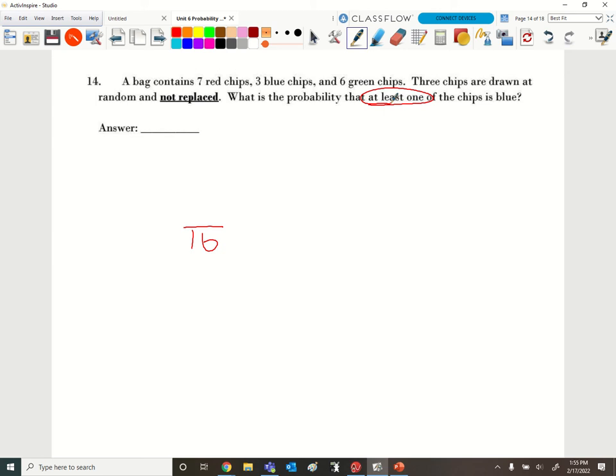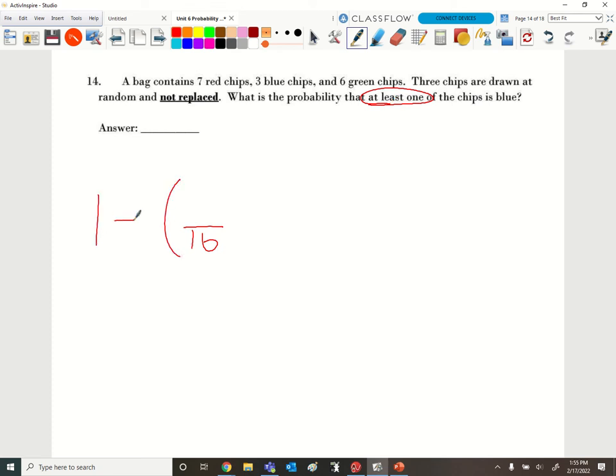This is the 1 minus problem, isn't it? My key phrase is at least 1, so I start with my 1 minus.